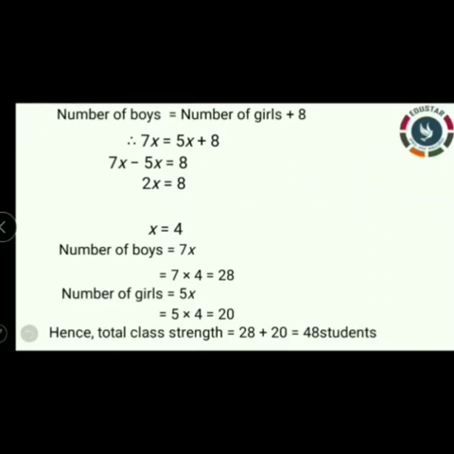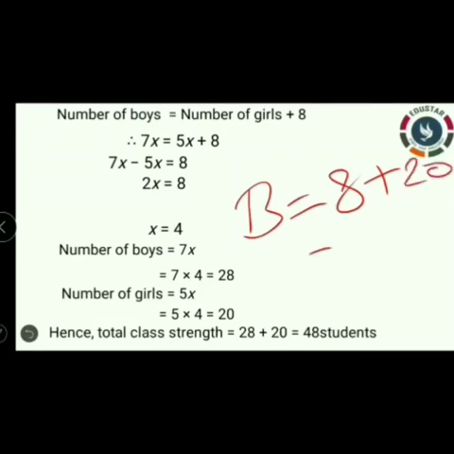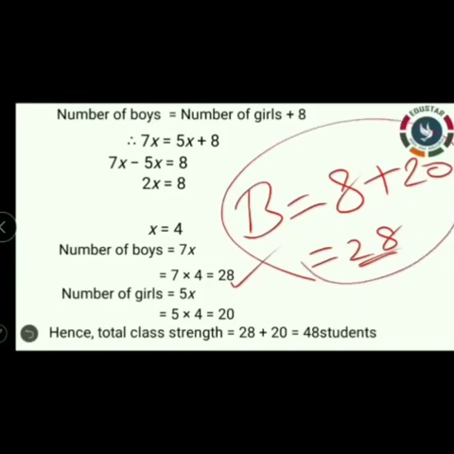Number of boys, the given condition is what? 8 more than the number of girls. So 8 plus number of girls is 20. So 8 plus 20, 28. We got the answer. So number of boys 28, number of girls 20, total class strength is 48 students. We have verified the answers.